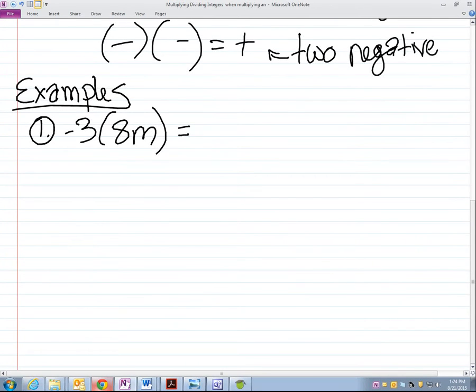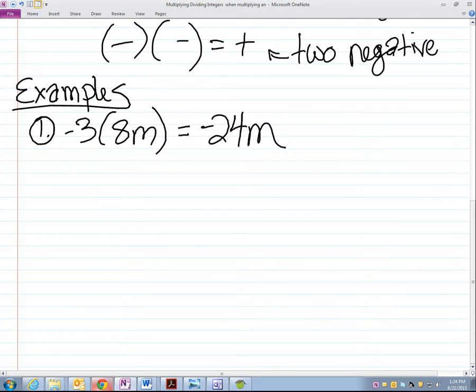M is not defined. So what is our product going to be? Positive or negative? It's going to be negative because there's only one negative in that multiplication. And 3 times 8 is 24. So the solution is negative 24m.